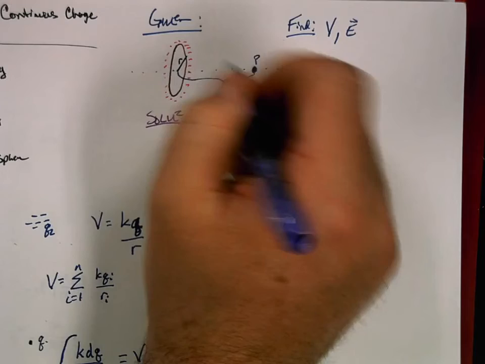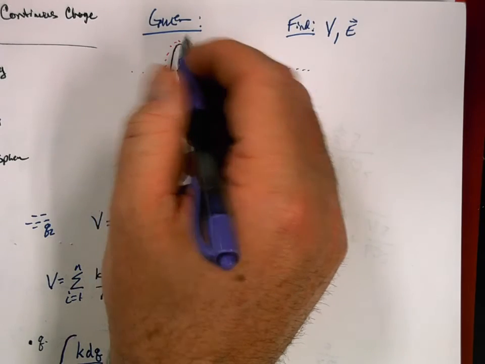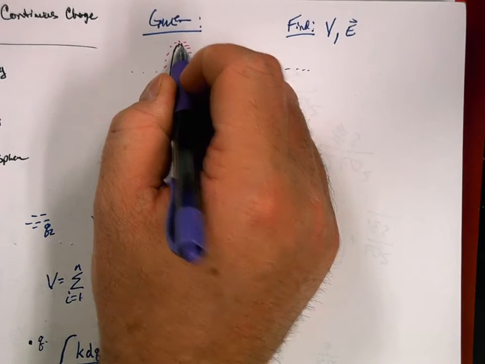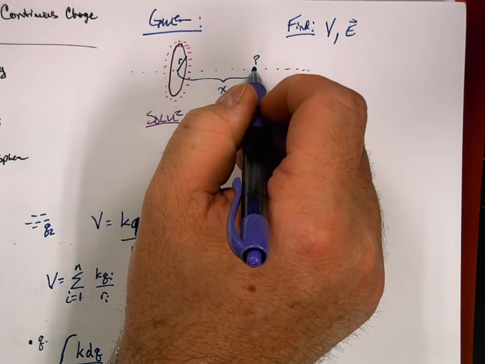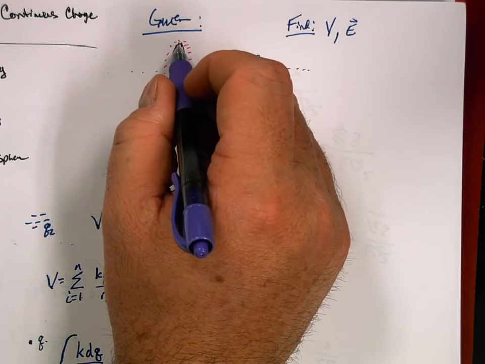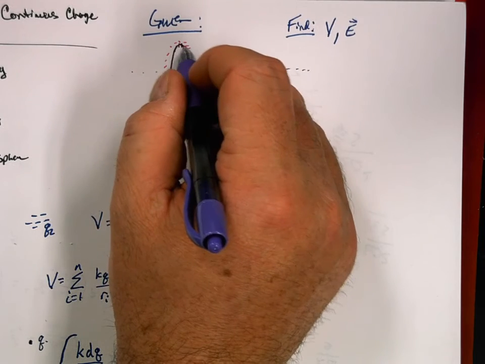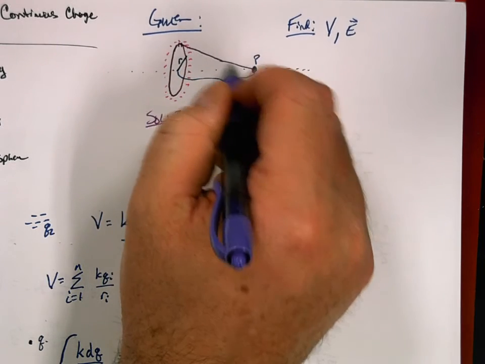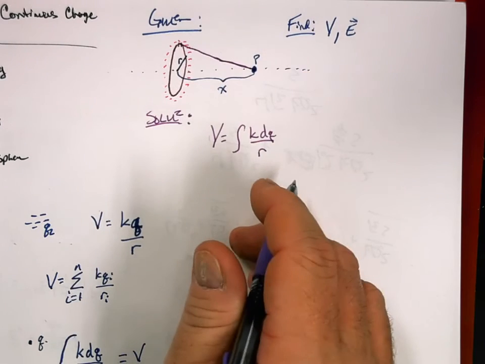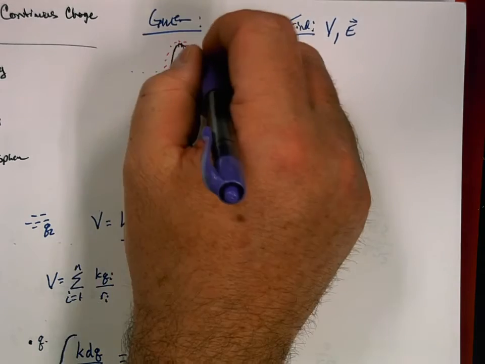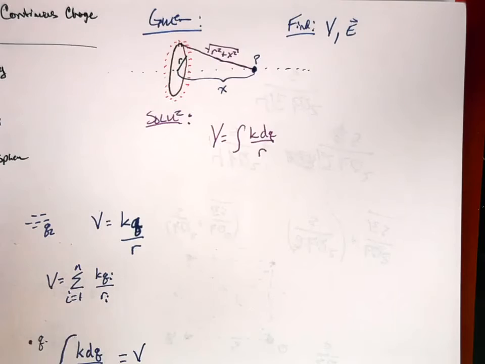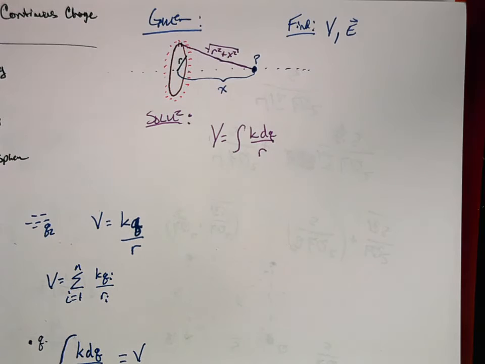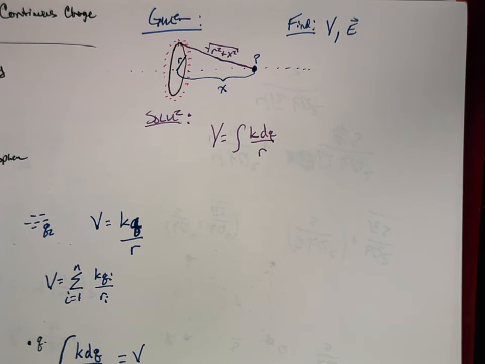Now, for any particular dq, it's this little segment on the ring, and it's going to be the same for all of them. So P is what distance away from here? Well, this distance is the square root of r squared plus x squared, or x squared plus r squared, depending on your preference.